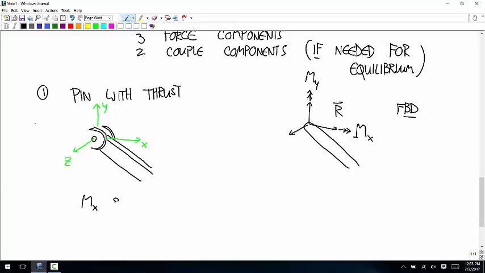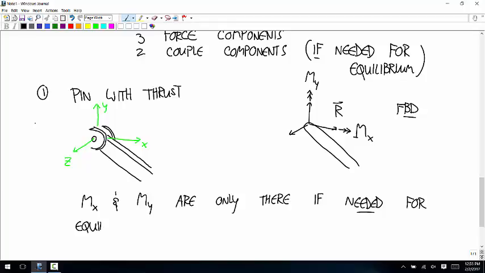And Mx and My are only there if they're needed for equilibrium. Okay, so another way to think of that is every degree of freedom is limited except rotation about the axis.